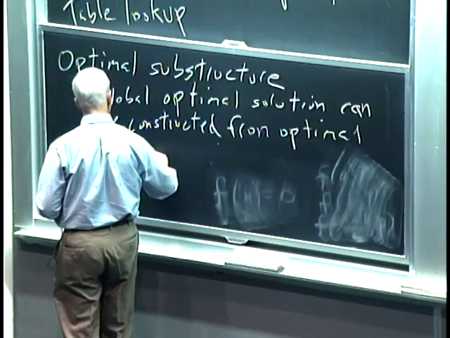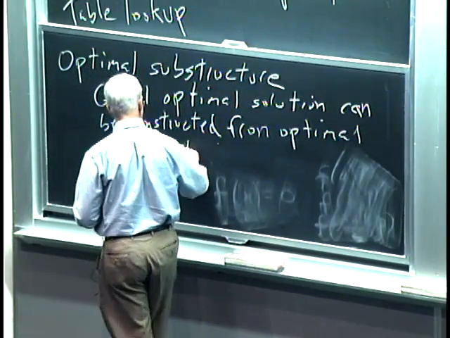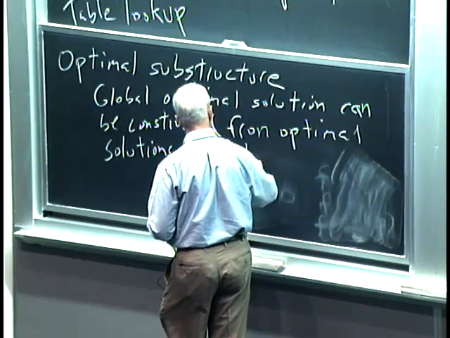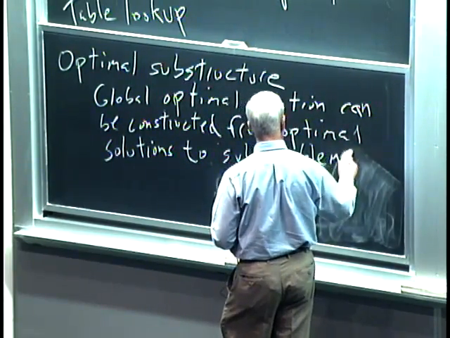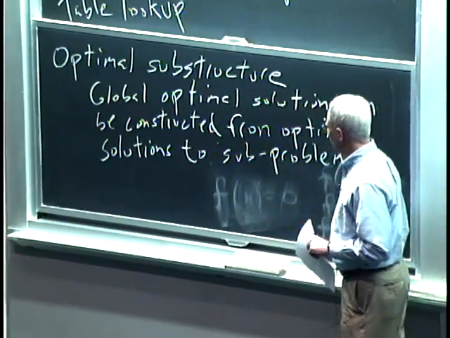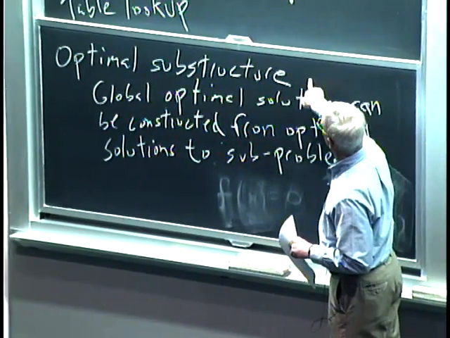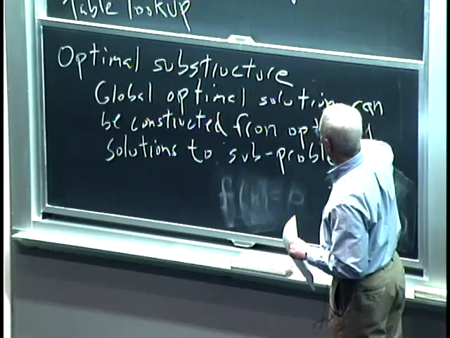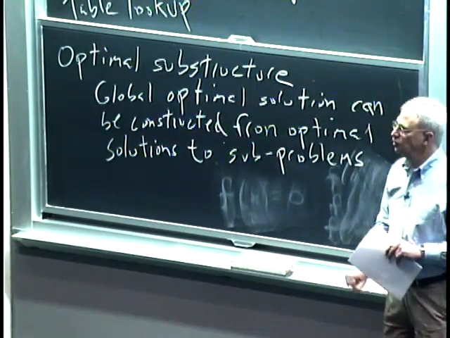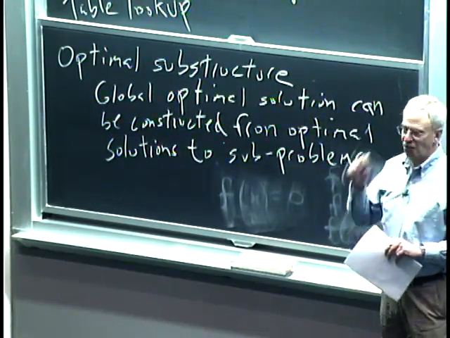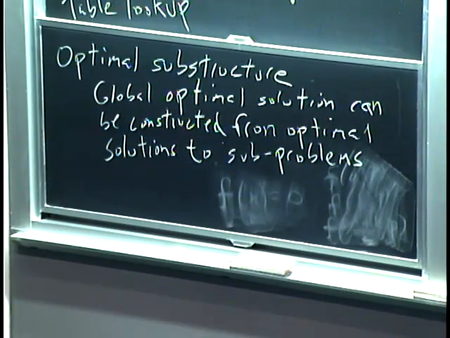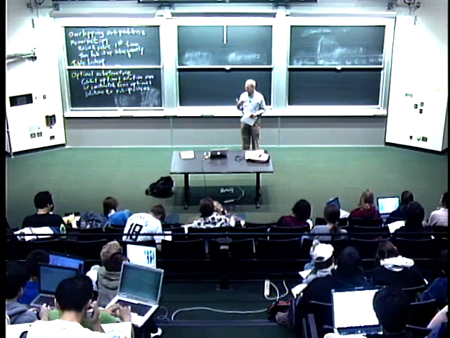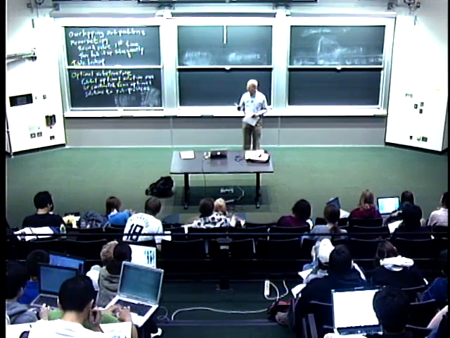This is not true of all problems, but as we'll see, it's true of a lot of problems. And when you have an optimal substructure and the local solutions overlap, that's when you can bring dynamic programming to bear. So when you're trying to think about whether this is a problem that you can solve with dynamic programming, these are the two questions you ask.